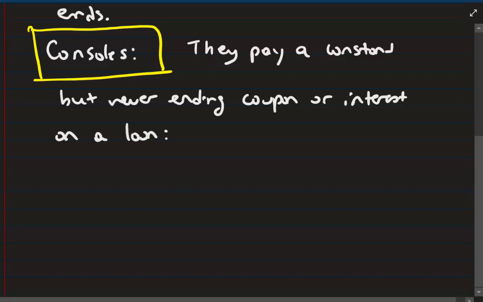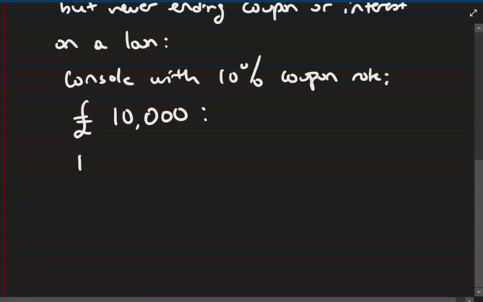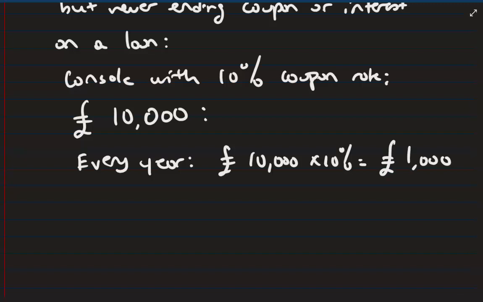So let's say you have a consol with 10% coupon rate, and you lent the British government £10,000, then every year you're going to get £10,000 times 10%, that is £1,000. And there is no end to these payments. Since it is infinite, technically speaking, you will never get your money back. And these are called perpetuities.